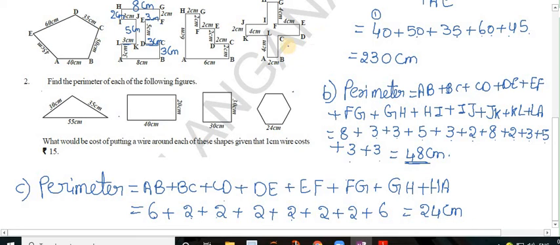Now we'll just find out. See here some measurements are missing. 4 centimeters, and this is 2 centimeters, and this is 4 centimeters, and it is 2 centimeters. Okay, so this is 4, this is also 4, and this is also going to be 4.